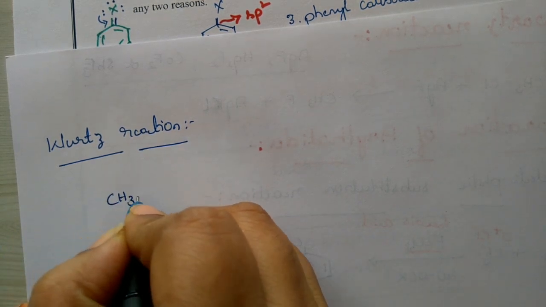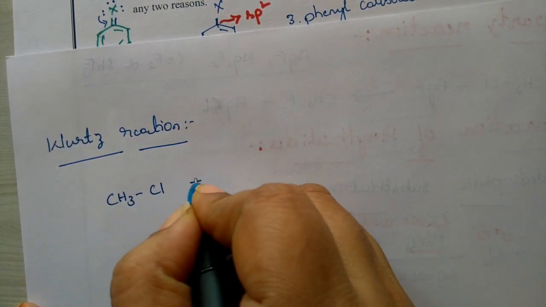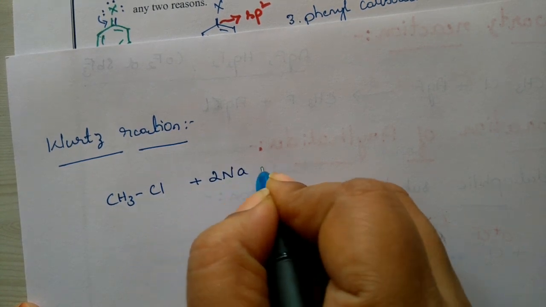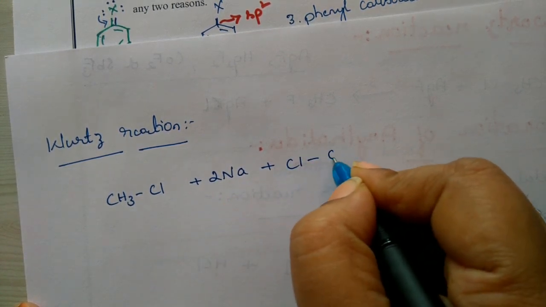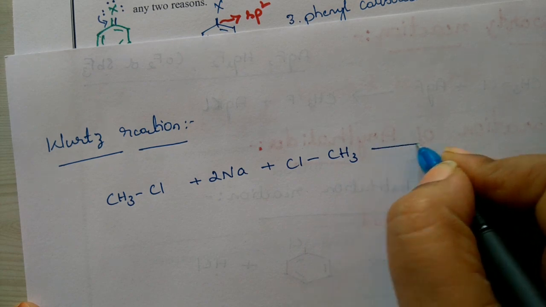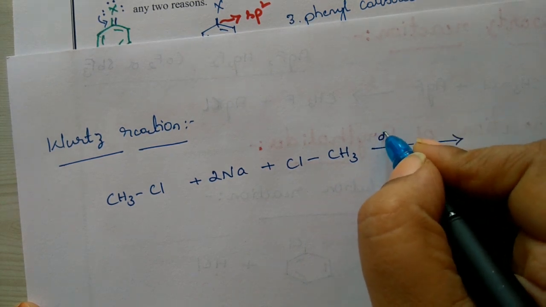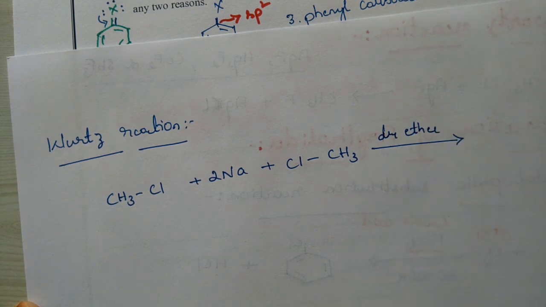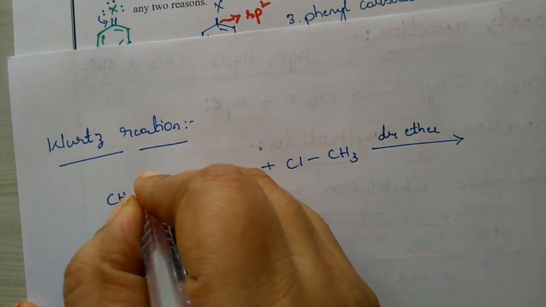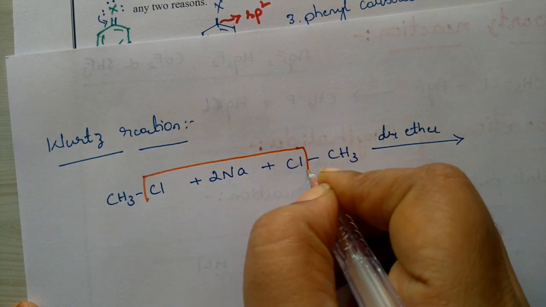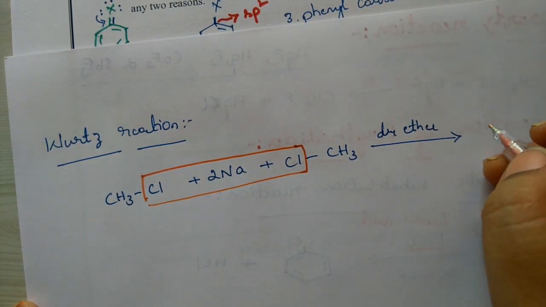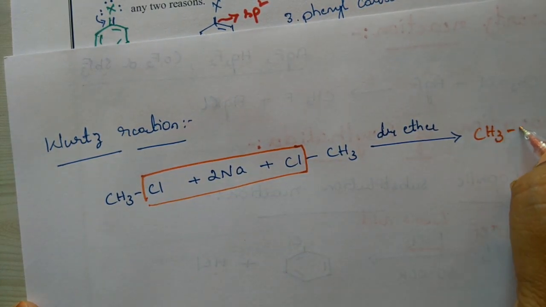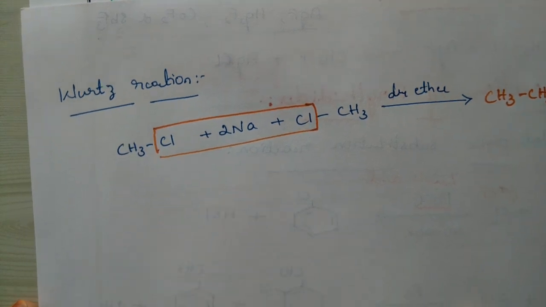Alkyl halide, any alkyl group, you can write it as R also, in the presence of dry ether is treated with sodium. We'll get the product as CH3CH3 and 2NaCl. That is called the Wurtz reaction.